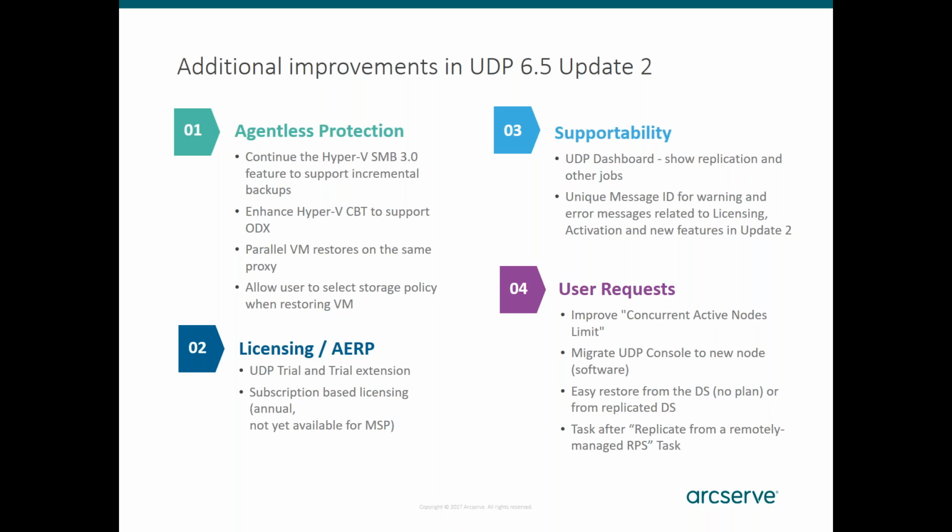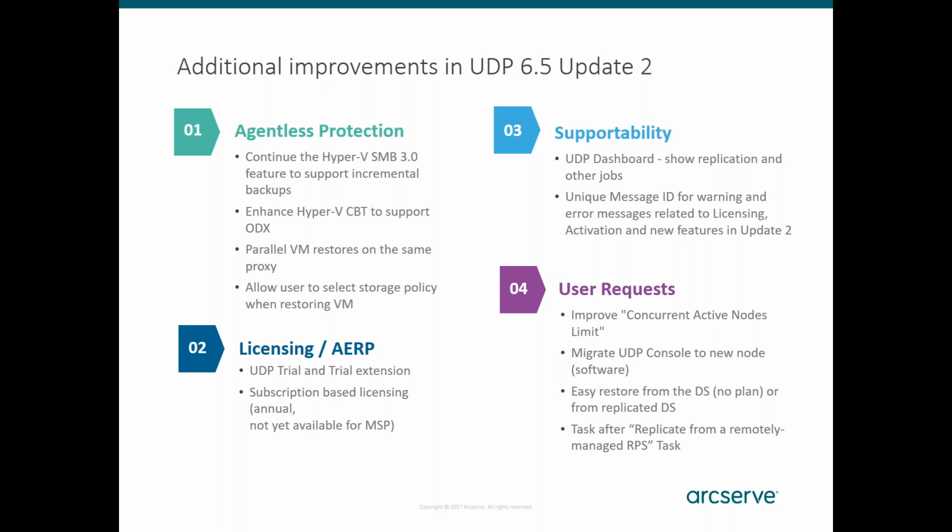We've also done a lot of supportability updates now. The dashboard now shows not just the backup status, but also the status of any other task that gets executed in a plan. So if a replication task has a problem or a virtual standby update or copy to tape, they're all reflected in the dashboard reports now.